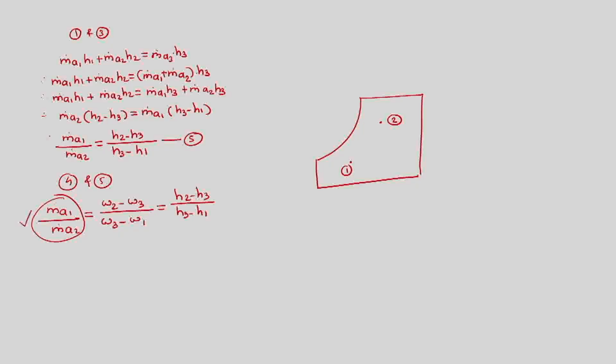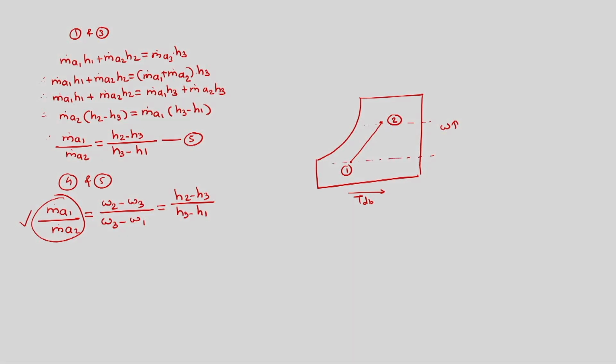So this ratio is known to us. So the left hand side is known to us. So we can draw a straight line between them, and since we know their ratio, we know this is the omega axis and this is the dry bulb axis. So for the omega axis we can draw a horizontal line from here. So here this ratio is known.